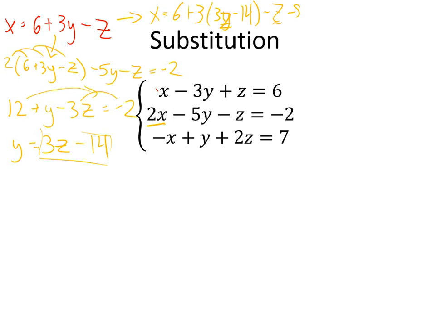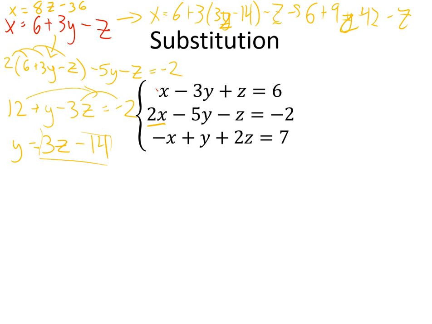Distribute everything, we get 6 plus 9z minus 42 minus z, and now we end up getting x is equal to 8z minus 36, approximately.